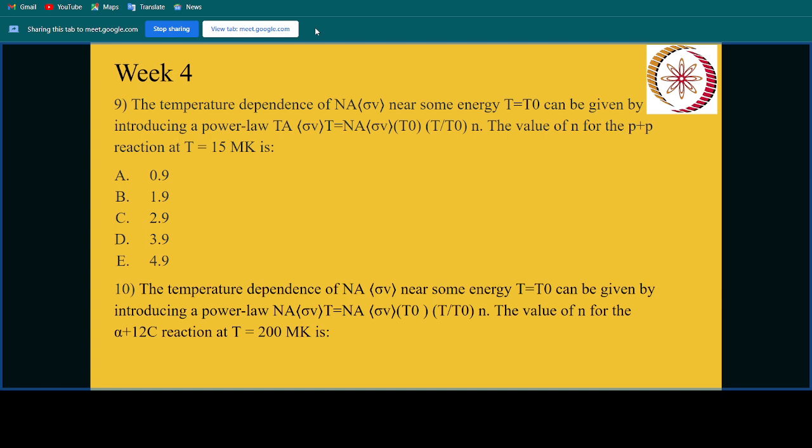The question is: the temperature dependence of N_A sigma v near some energy, at T equal to T0, can be given by introducing a power law, which is like N_A sigma v at T0 times (T by T0) to the power n.